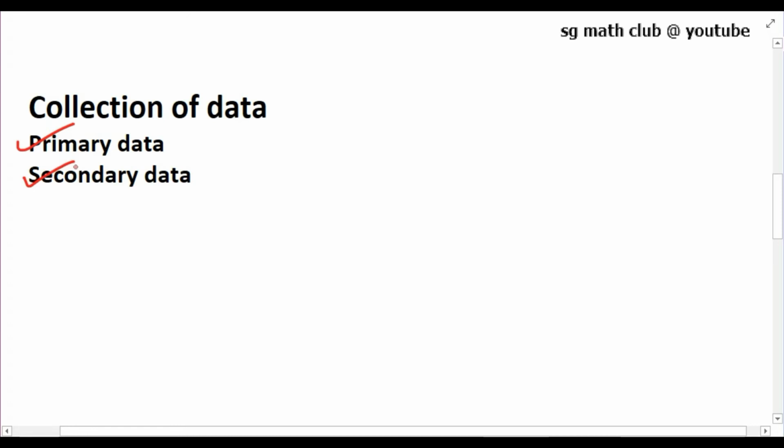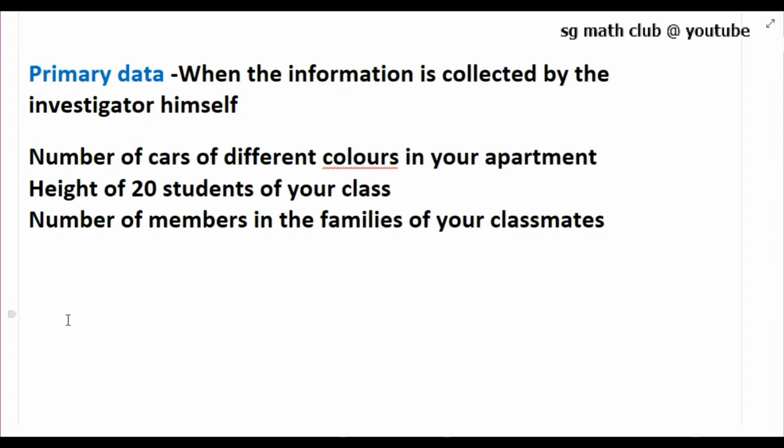So what do you mean by primary data? When the information is collected by the investigator himself or herself with a definite objective in mind, such type of data is called primary data.